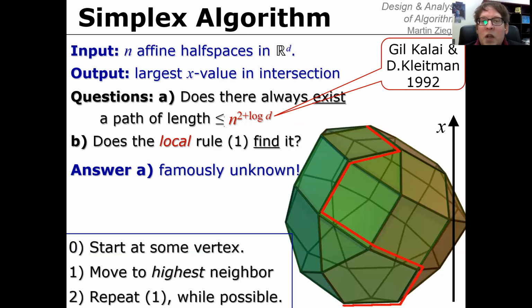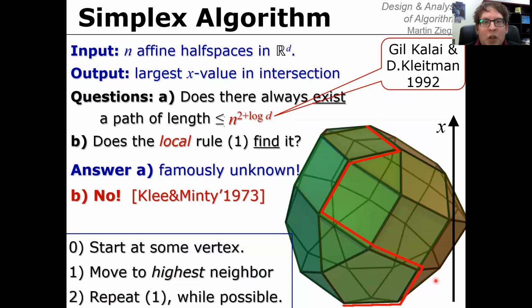So it's not known whether there always exists a path of polynomial length, and therefore it's even less likely to find an answer to question B, because if we don't know the path exists, then how to algorithmically find such a path is even more a mystery. And indeed, already 20 years before Kalai and Kleitman, Klee and Minty constructed counterexamples to the simplex algorithm, where the simplex algorithm actually makes an exponential number of steps.